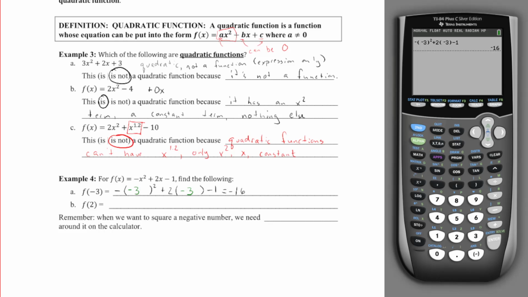Similarly, to take f of 2, right, f of whatever, I'll have negative whatever squared plus 2 times whatever minus 1. And in this case, the whatever that I'm plugging in is 2.